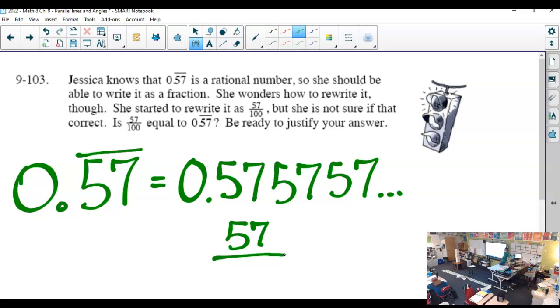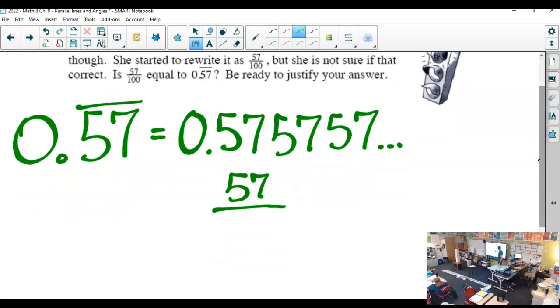What if it was just repeating a single digit? However many digits we want to repeat, that is how many 9s we put on the bottom.